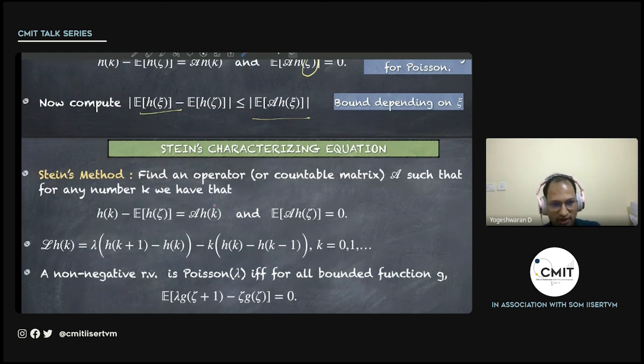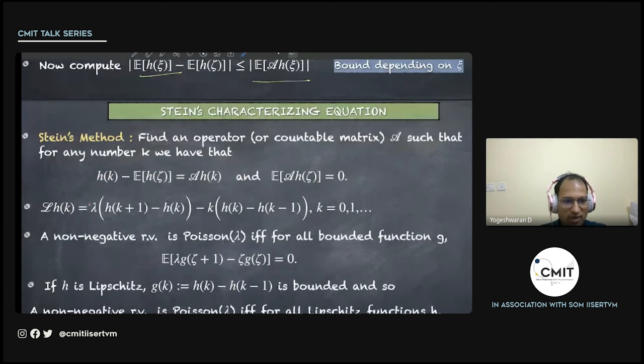I define an operator L h of k to be this. Forget whatever the term, it's a nice linear thing. Lambda is the parameter, k is k, all that. Very quickly, this is an exercise in basic probability. Any student who has done a first course in probability can take it as an exercise. For all bounded functions g, this is true.